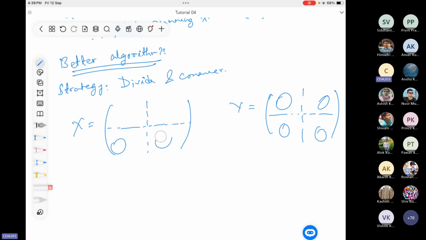It's almost most similar to this Karatsuba algorithm.